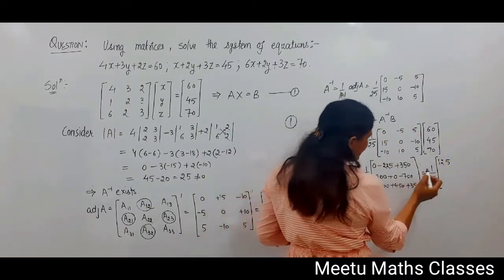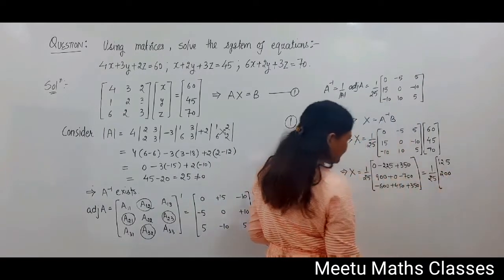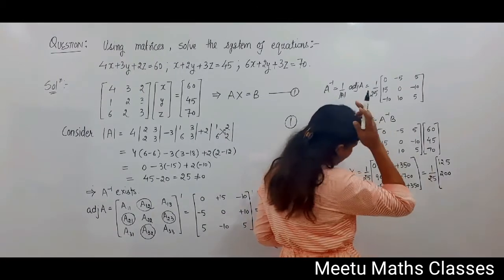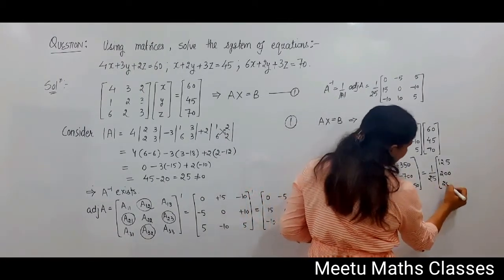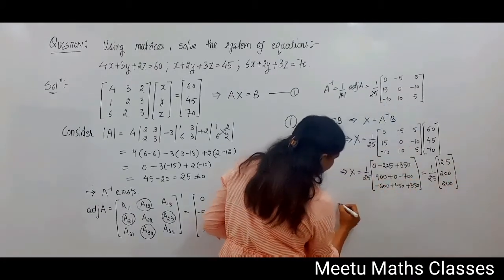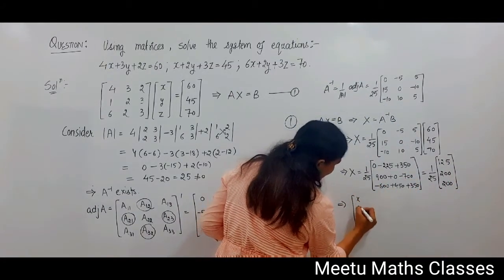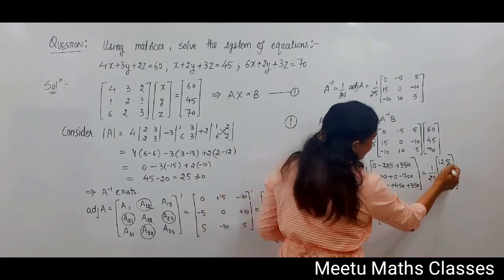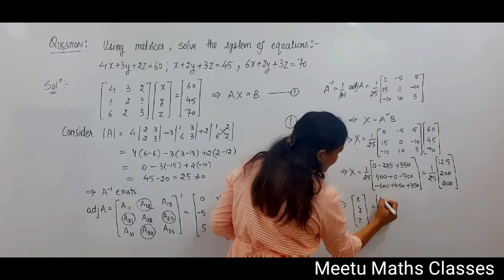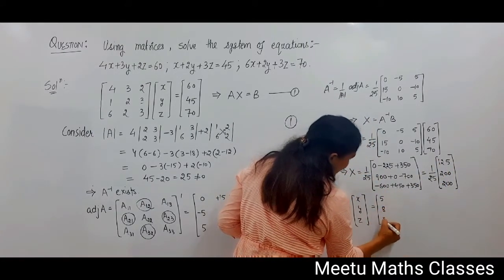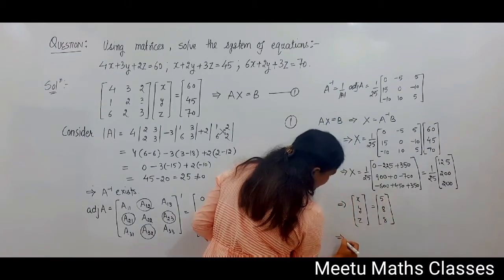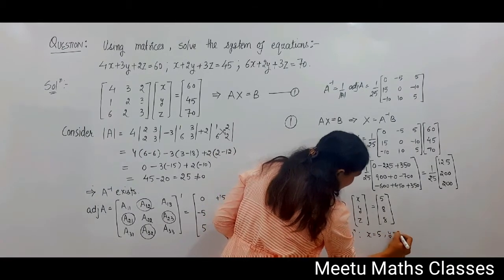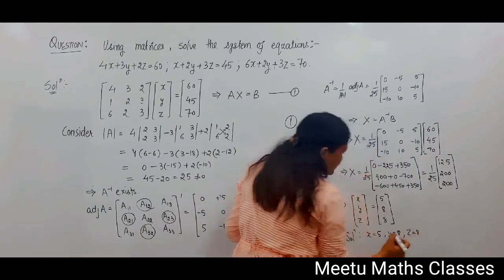Then 900 minus 700 is 200, and this will give you 800. 800 minus 600 is again 200, and finally your X matrix will be equal to, you divide these three by 25, then it will give you 5, 8 and 8, and your solution is x is equal to 5, y is equal to 8 and z is equal to 8.